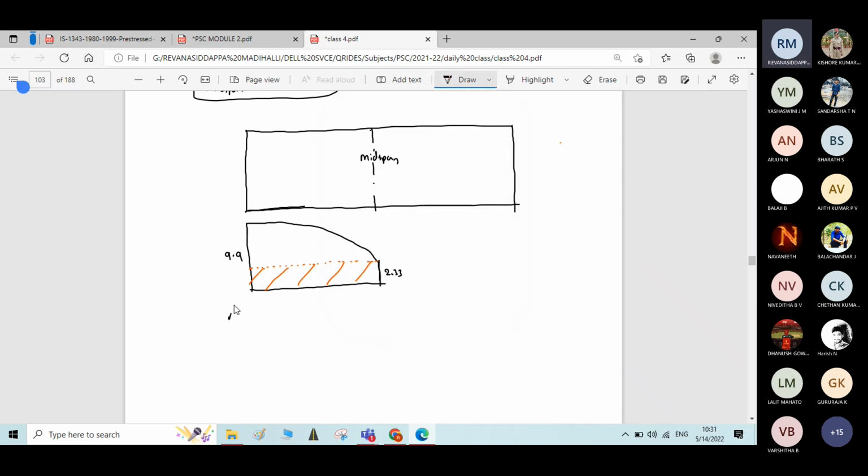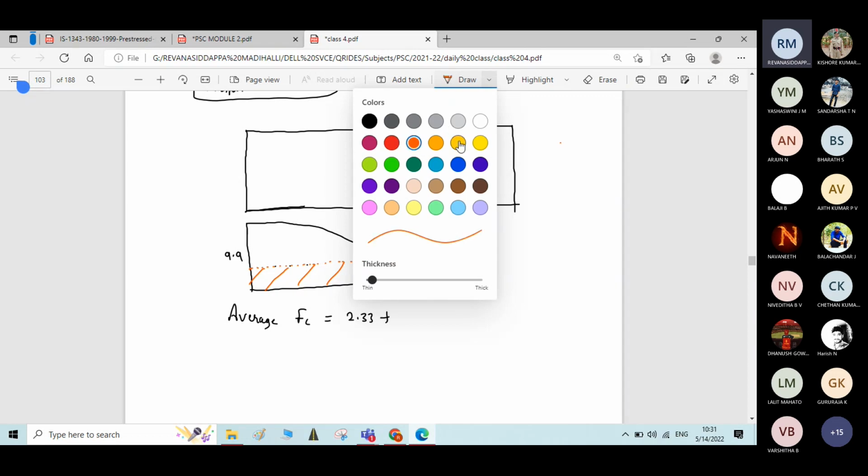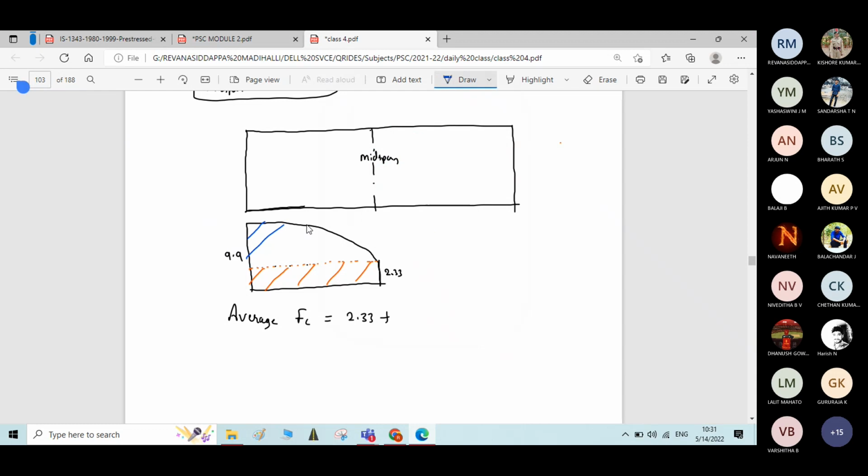Average FC is equal to 2.33 plus the average stress for this portion.